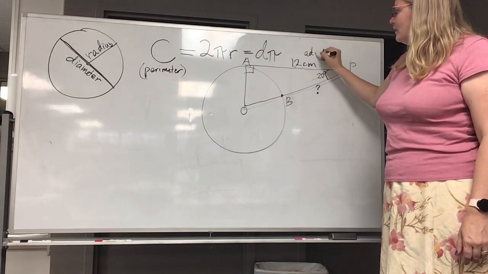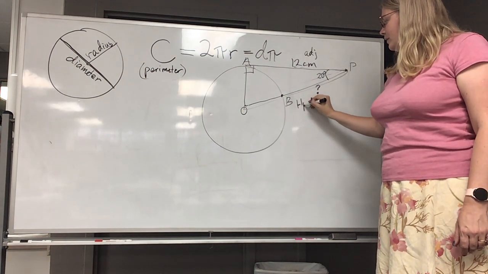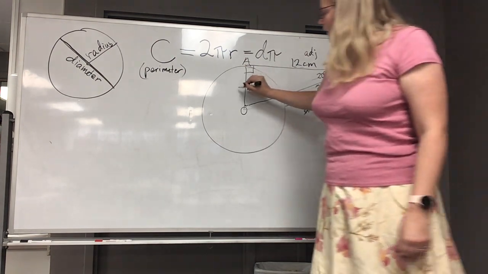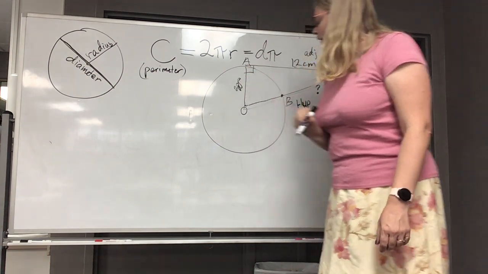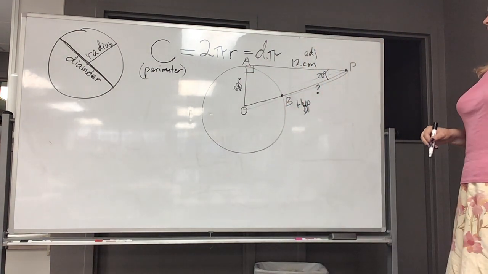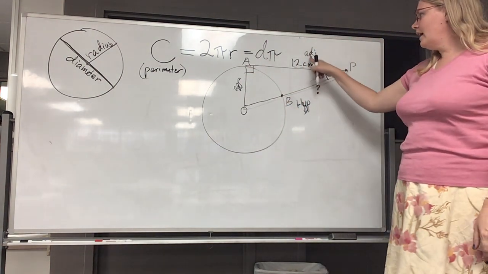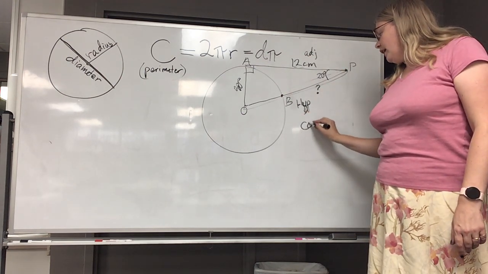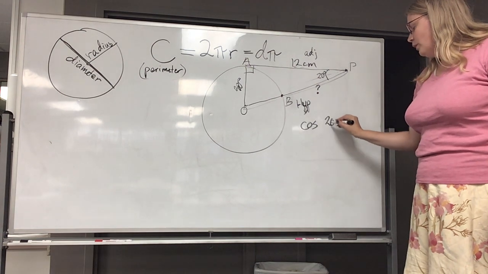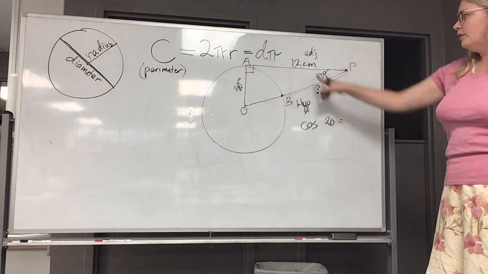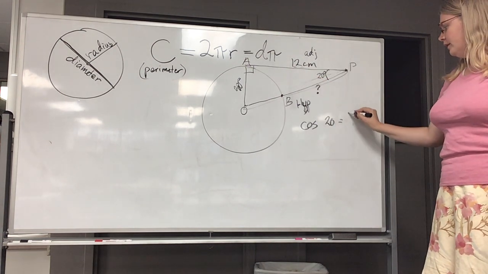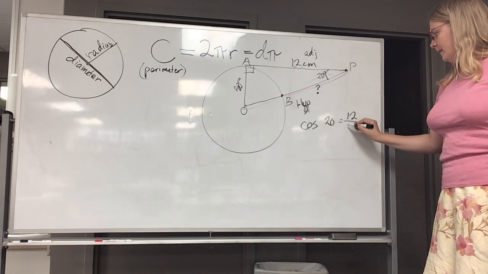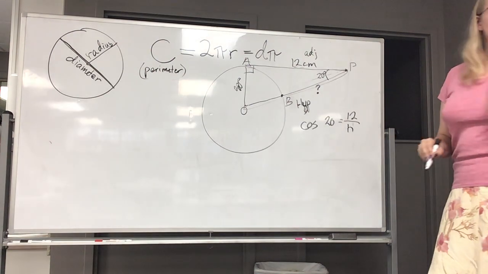So we've got adjacent, we've got hypotenuse, and this one we're going to label opposite for the sake of it. And so we can say, if this is the adjacent and this is the hypotenuse, then the cosine of 20 equals 12 over this thing we're looking for. I'm going to call it H for hypotenuse.